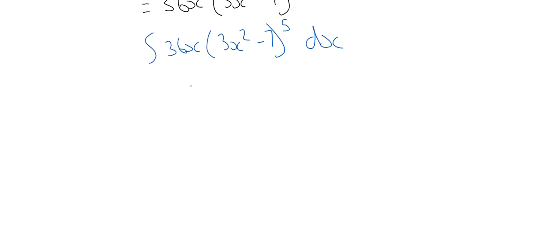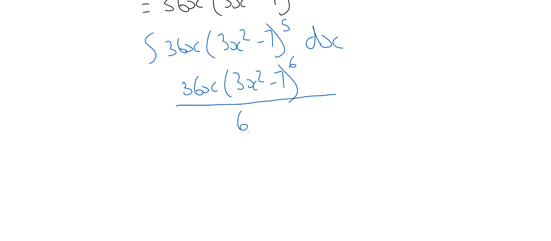So we write the same thing that we had before. What do we do to the power? Add 1 and divide by the new power. And now we're also going to divide by the derivative of this. Because when we differentiate, we multiply by the derivative of the brackets. Now we're going to divide by the derivative of the brackets. So what's the derivative of the brackets? 6x.